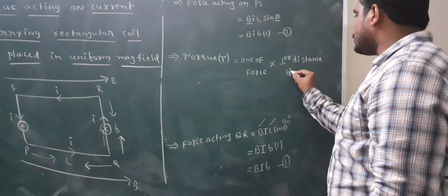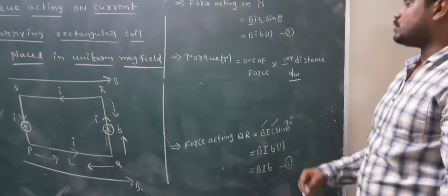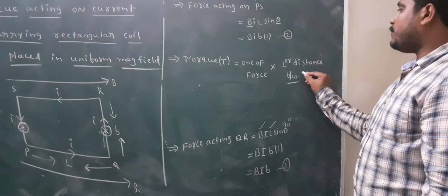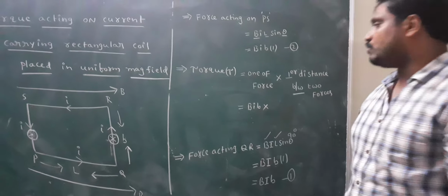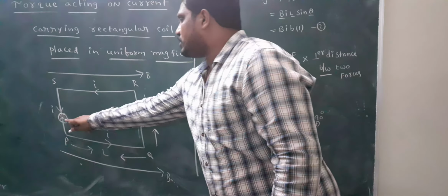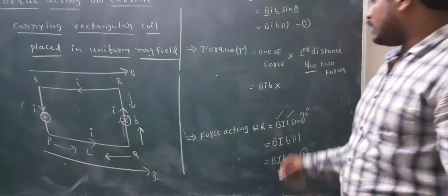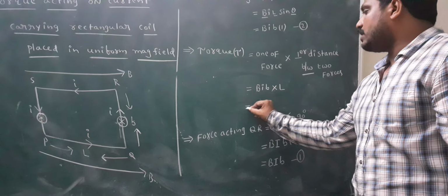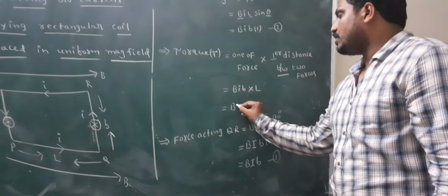One of the forces is B I B. Take any one force. B I B into the distance between this force and this force. What is the distance? L. Neatly written as B I, length into breadth is called area.